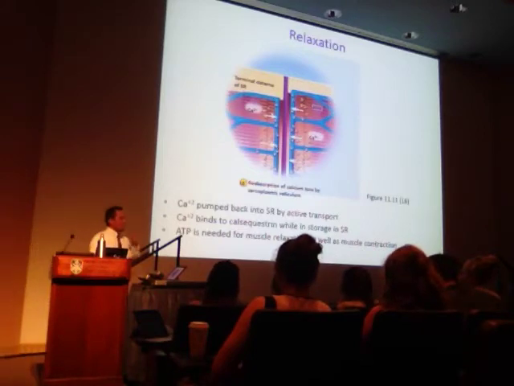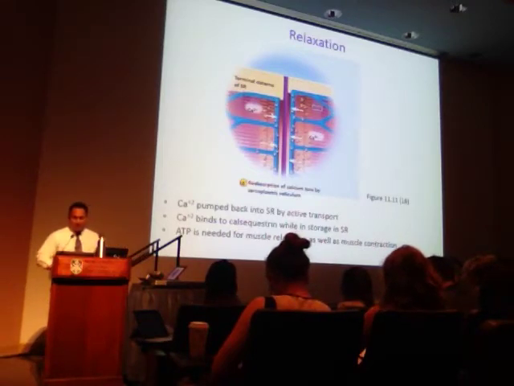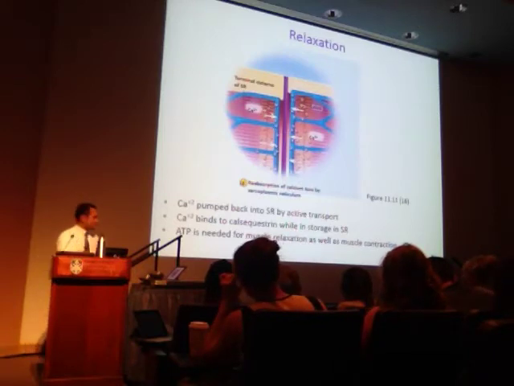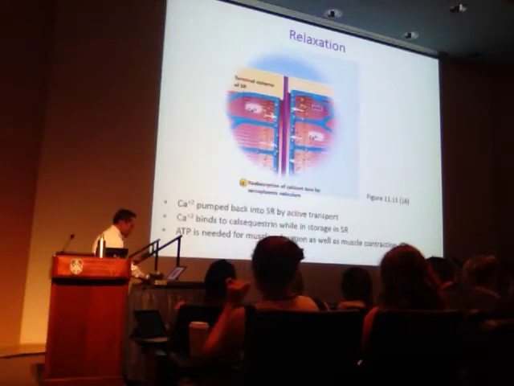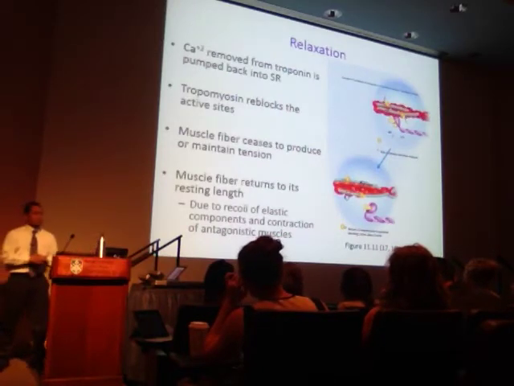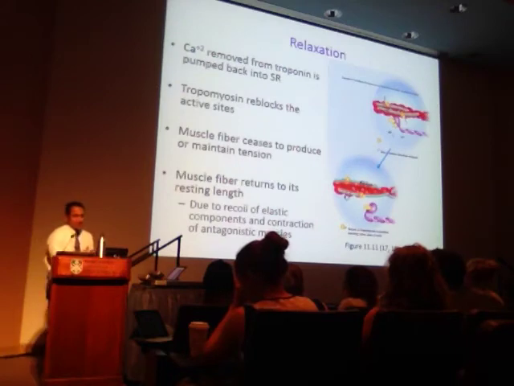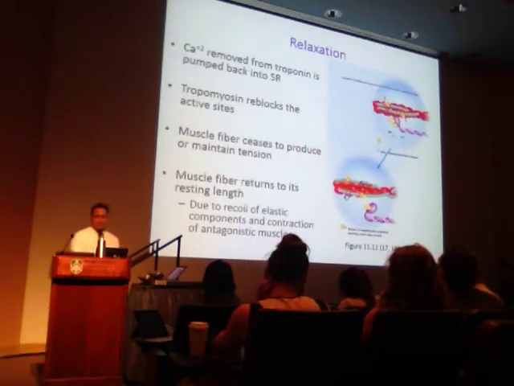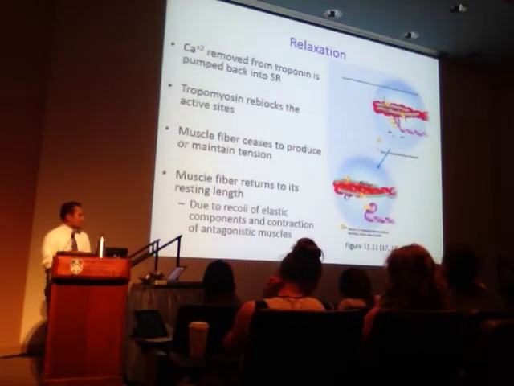ATP is needed for relaxation as well as contraction. So calcium, in our relaxation summary, is removed from troponin and it's pumped back into the sarcoplasmic reticulum.